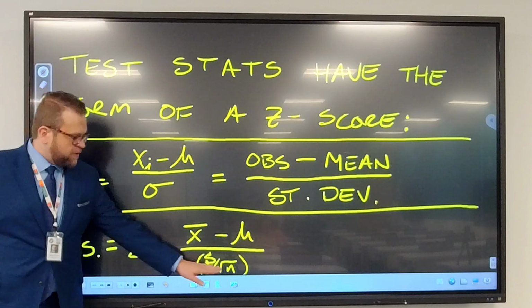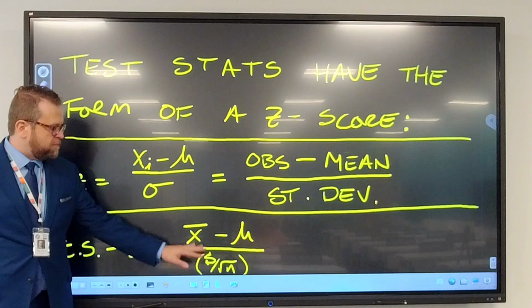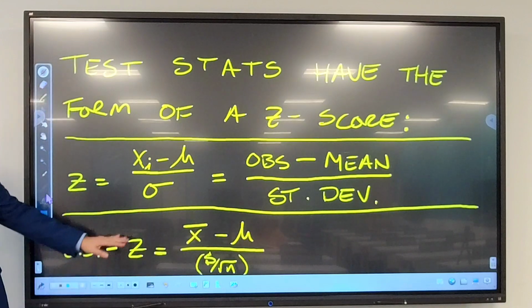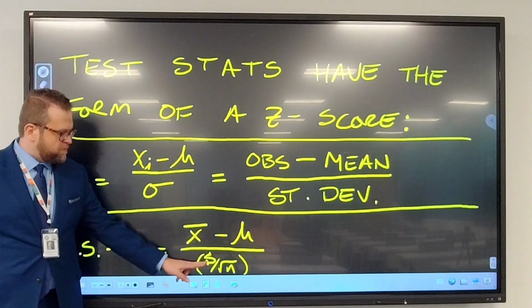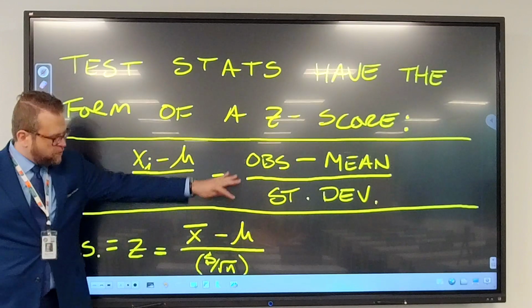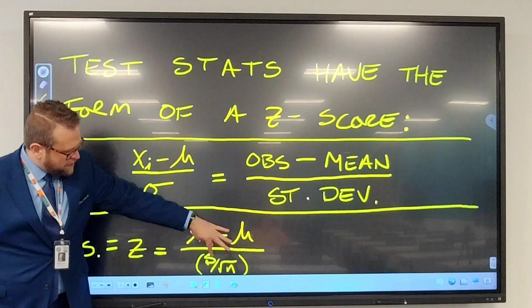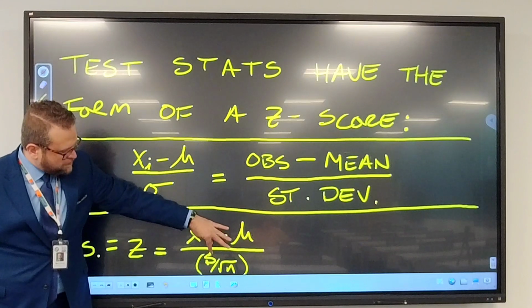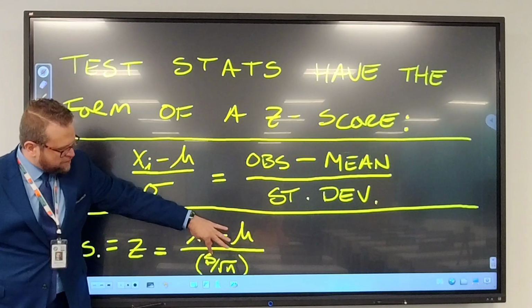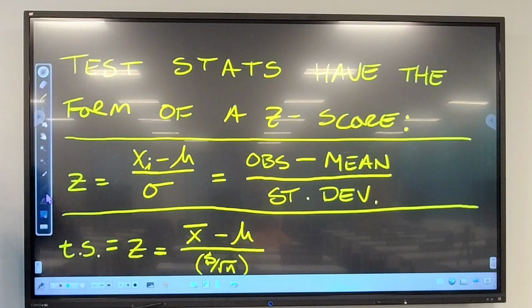But there it was sigma over root n because we knew sigma. But by the time you're doing a hypothesis test, you don't actually know mu or sigma. So you make an assumption about what mu is. We assume it to be true, and we have to use the sample standard deviation as our estimate for what the population standard deviation would be. And that turned out to be a z-score.